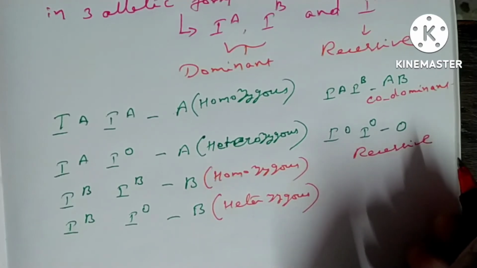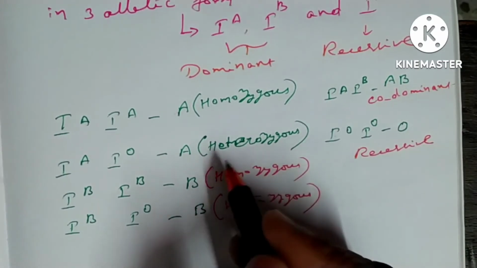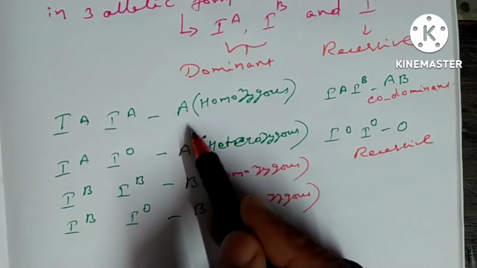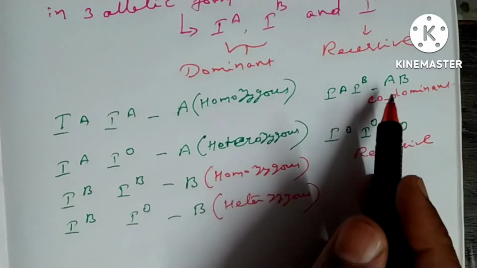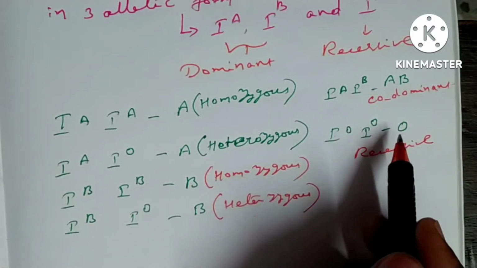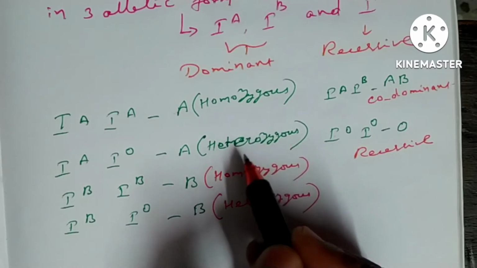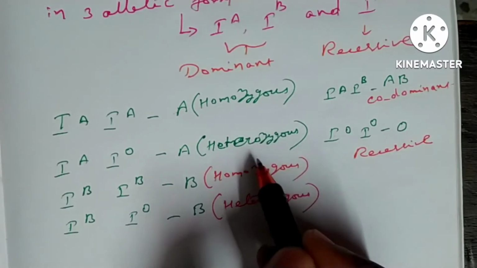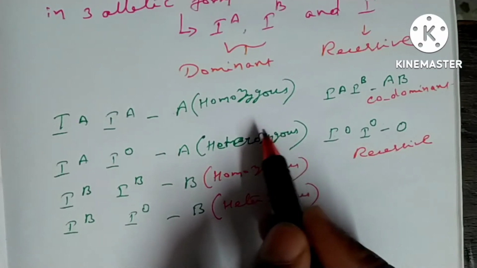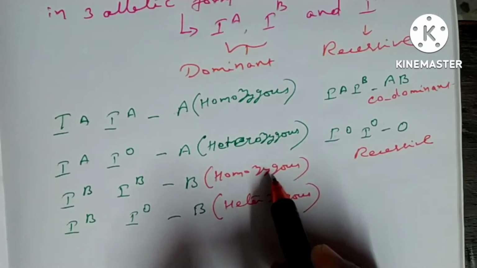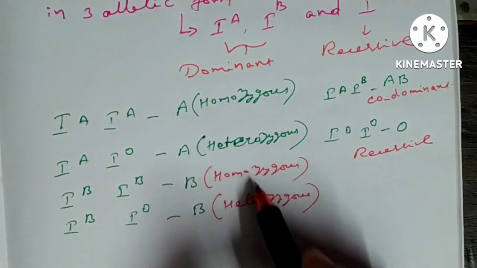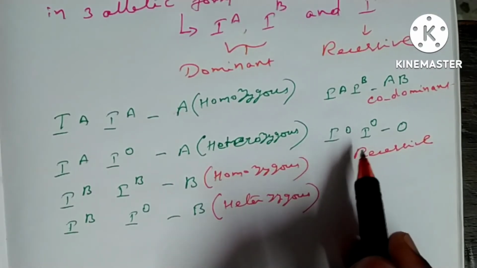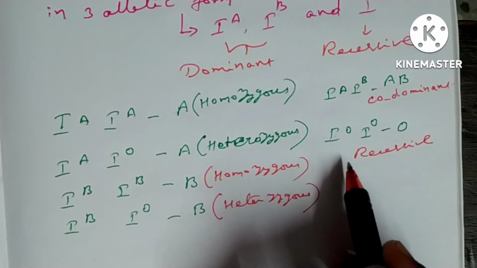You see blood groups A, B, AB and O. But genotypically there are six possible genotypes: 1, 2, 3, 4, 5, 6.